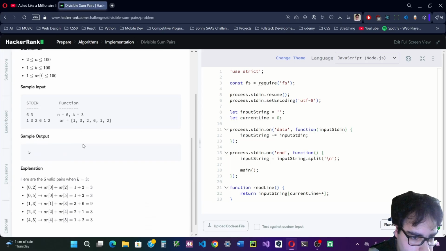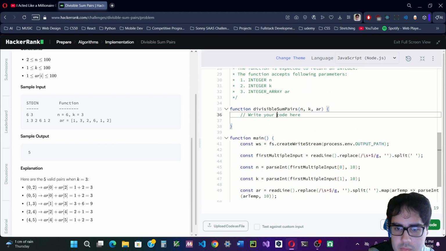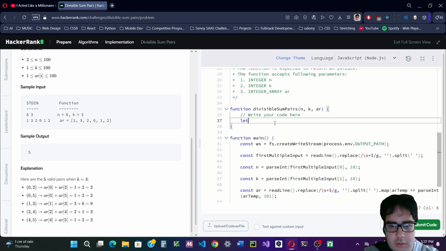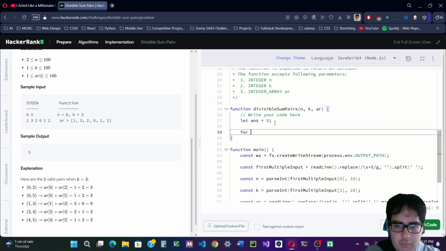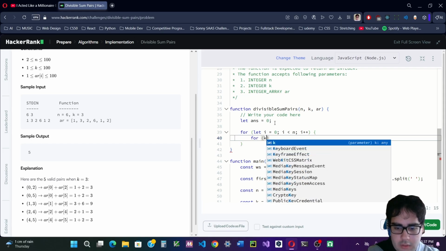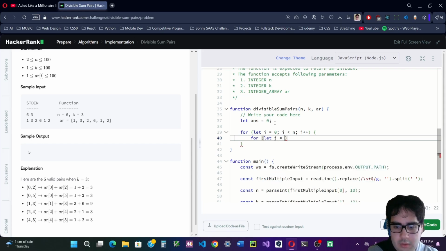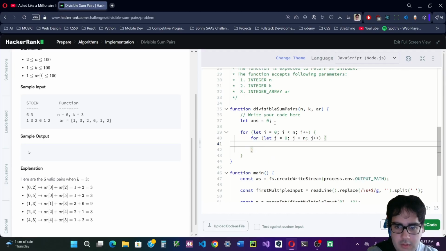Okay, so it says let i get 0, i less than n, i plus plus, with j get 0, j less than n, j plus plus.